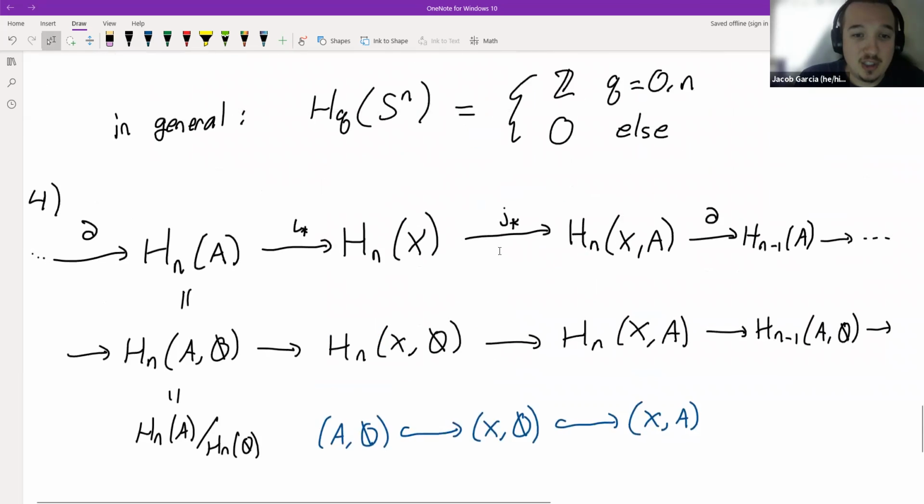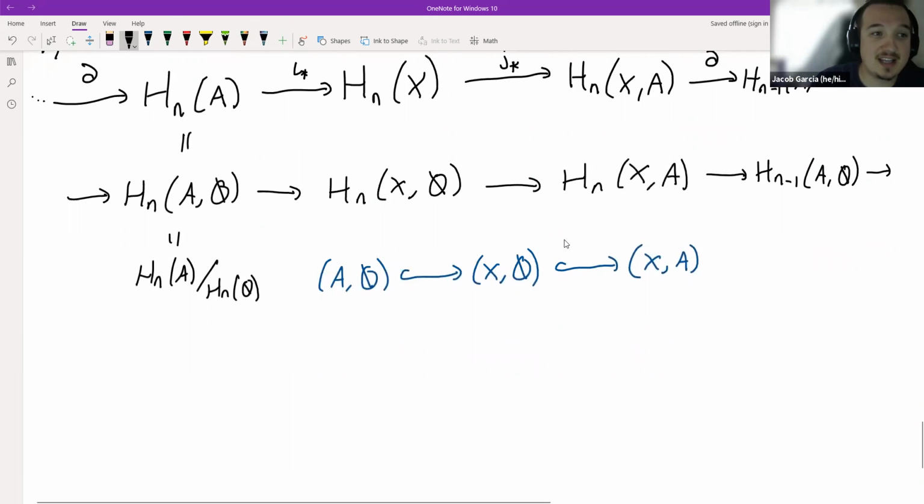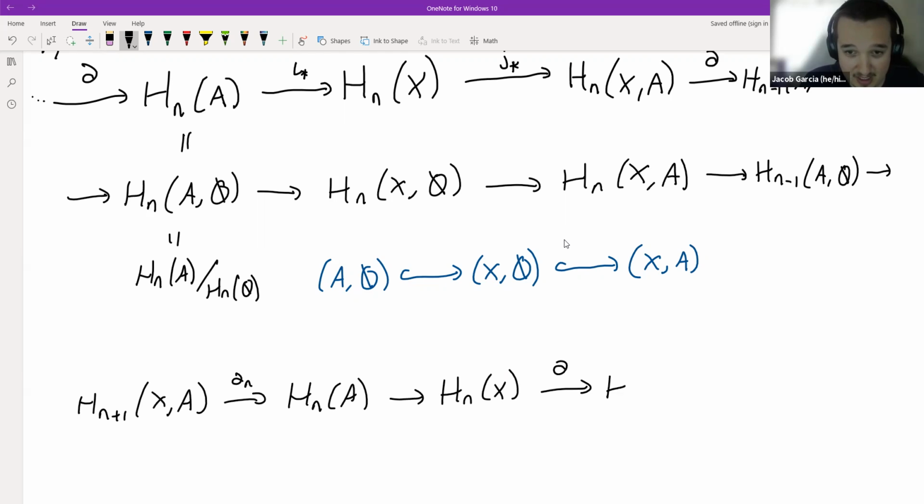Anyway, so you look at this long exact sequence, and if I shift it over 1, then Hn plus 1 of X comma A maps via boundary map into Hn of A, which maps into Hn of X, which maps into Hn of X comma A, which then boundary maps into whatever.